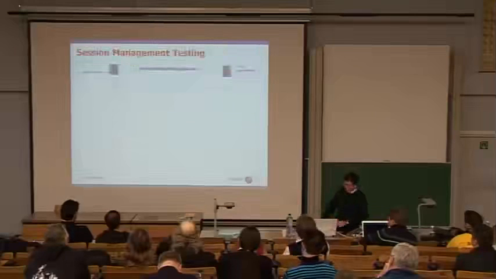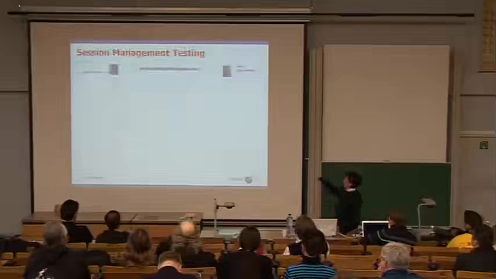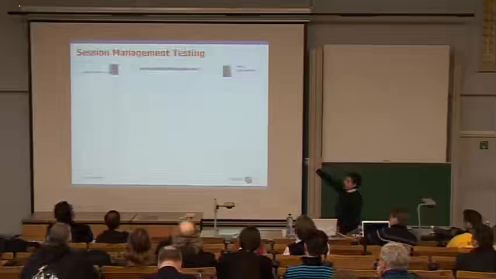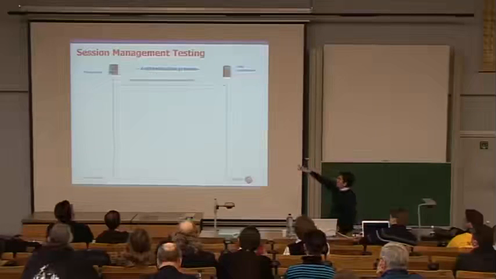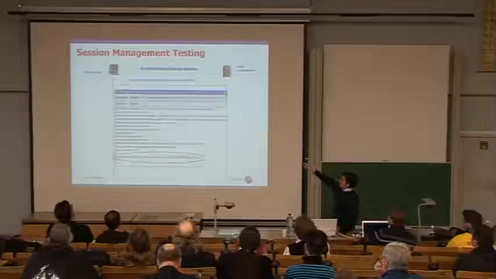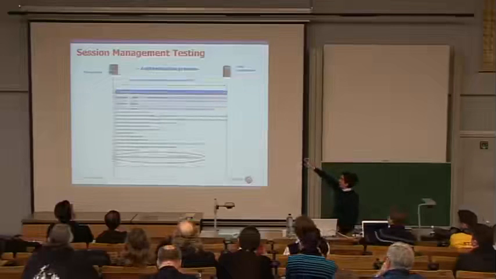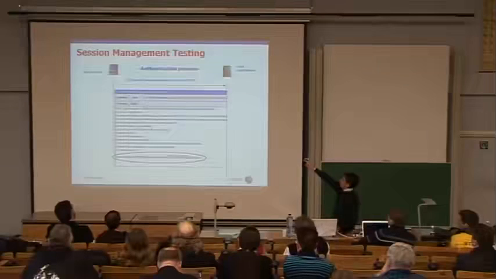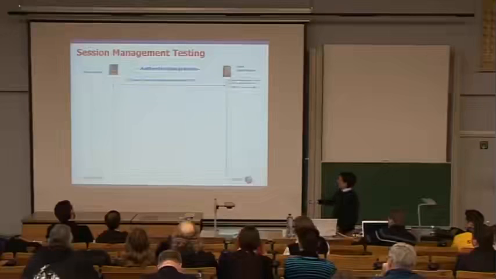Now we see some examples. Here, on the right we have a web application, and on the left there is a user that holds his username and password. Here I post my username and password via HTTPS to the application, and at the bottom you can see the parameters, username and password.